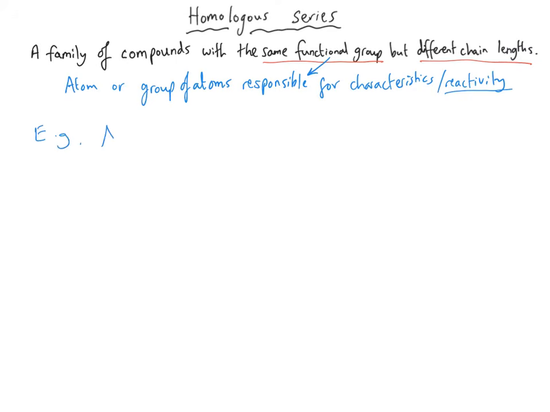So we've got alkanes, we've got alkenes, and we've got alcohols. They're all 3 different families, and they've all got some characteristic properties. So they've all got the same functional group, I've already mentioned that, and as a result of having the same functional group, they've got the same chemical properties.